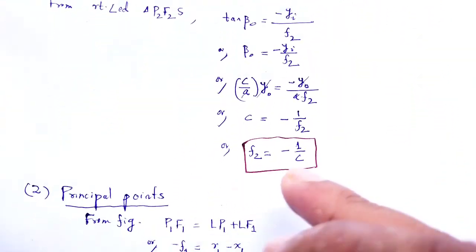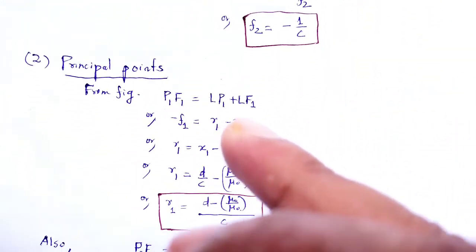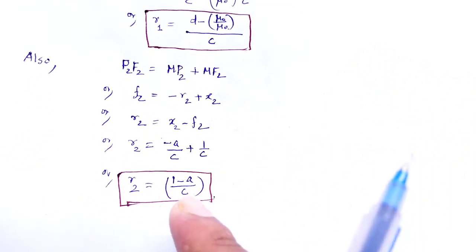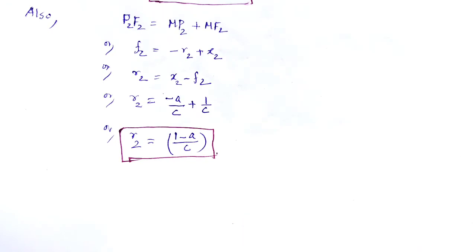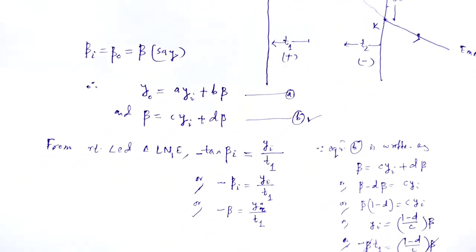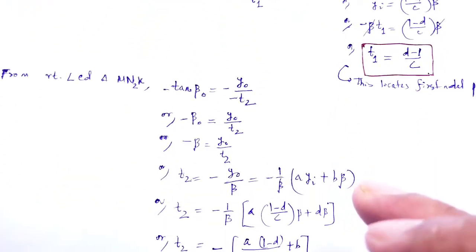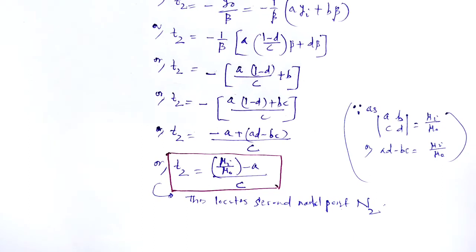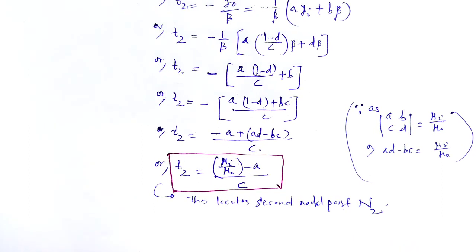Next, for principal points, r1 and r2. Next, for nodal points we get T1 and T2. These are the cardinal points, the location of cardinal points in terms of the components of the system matrices.